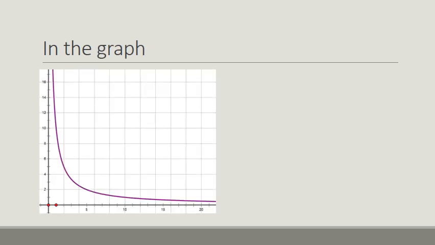In our graph, now I've expanded it a little bit, and what you're going to notice is that it's going to have this nice little curve. It's going to go like this, and it's never going to touch the x or y axis. So it never touches either axis or goes through.